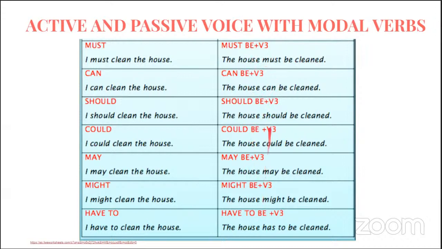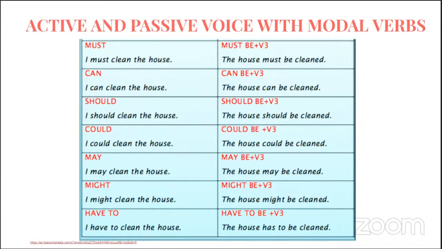So this is for passive. This is for active. Here we have examples for active and passive. You will read the passive and I will read the active, okay? With must. I must clean the house. Passive? The house must be cleaned. Can.